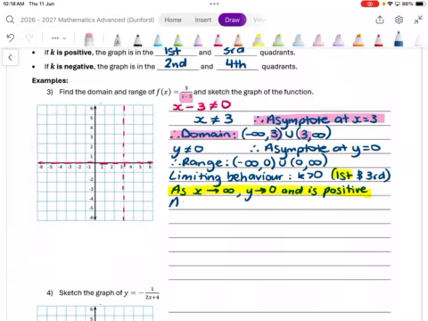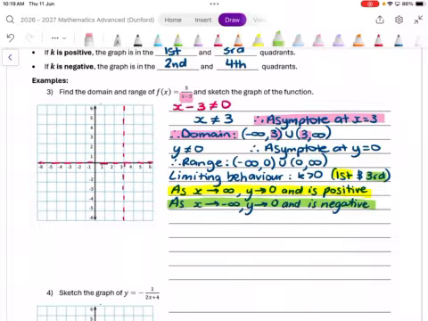And then we have that as x approaches negative infinity, y also approaches 0, but it is negative. Okay, so what that means is as we get closer to infinity, we're approaching that asymptote of y can't equal 0. Now, that tells us that we're in our third quadrant.